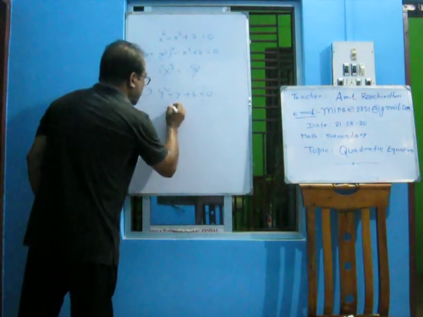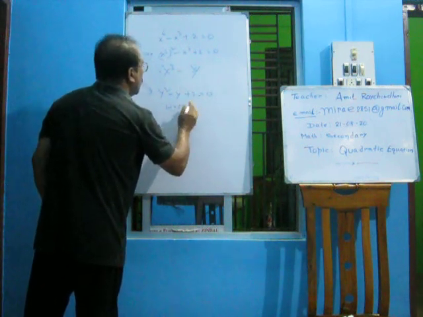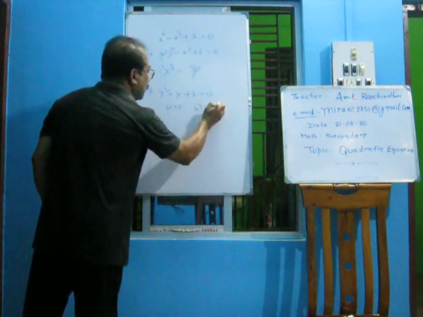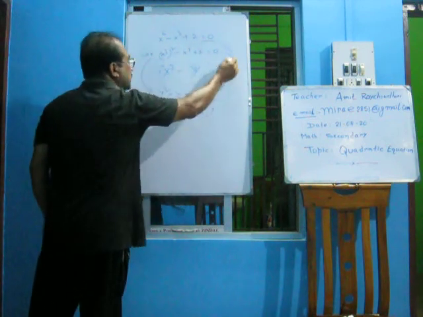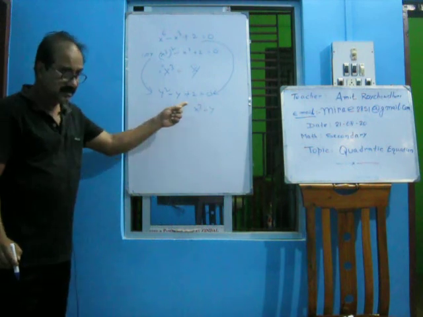So with respect to x cubed equal to y, this equation is transformed to a quadratic equation.